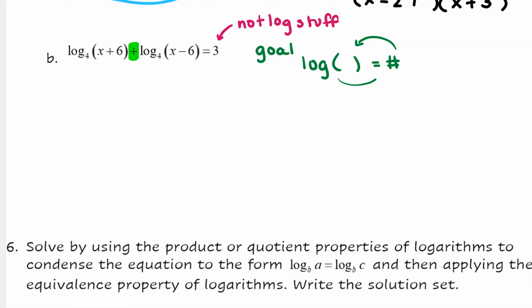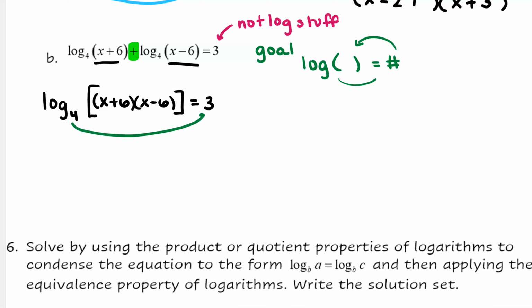Well, we would write each one of these, x plus 6, x minus 6, together with timesing, and put both of those inside log base 4. So now we have single log equals a number, and we can now flip it.